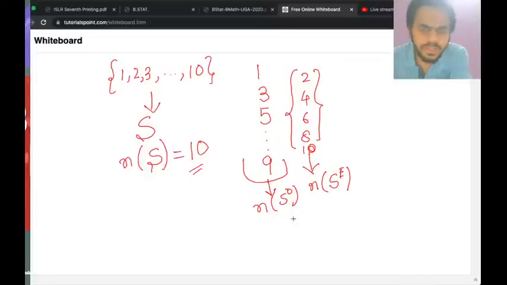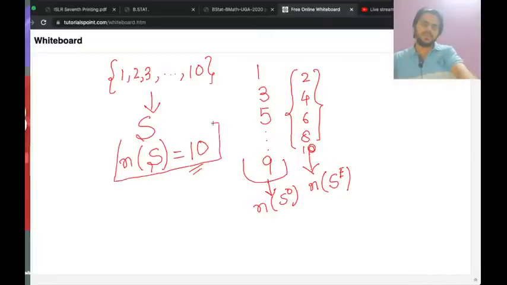Let's try to understand how we can find this in a quick way. Over here we have just 10 elements, so we can directly count very quickly, but we need some kind of scalable way to do it. If we are choosing 2 from here, the only way I can think of which is scalable is this.